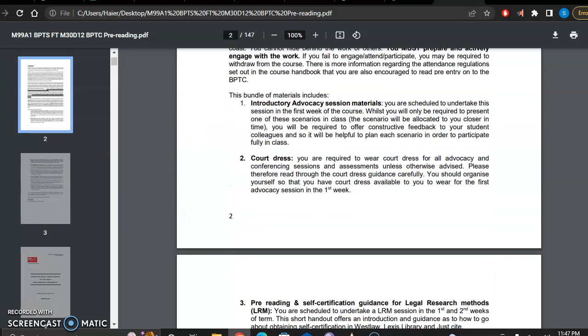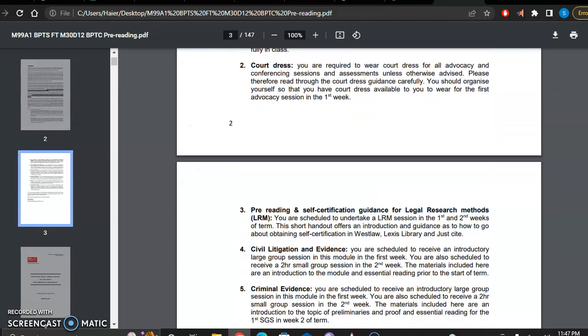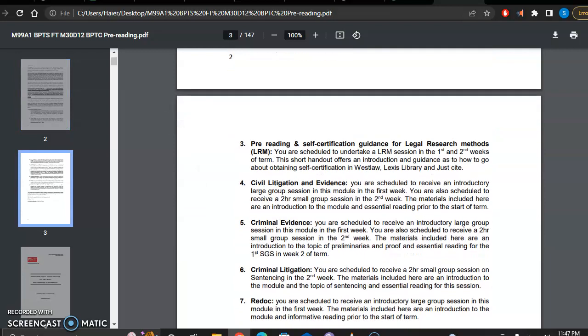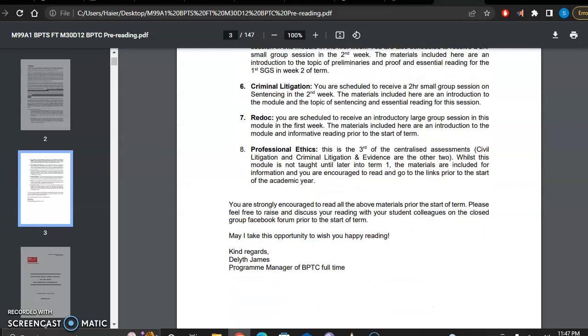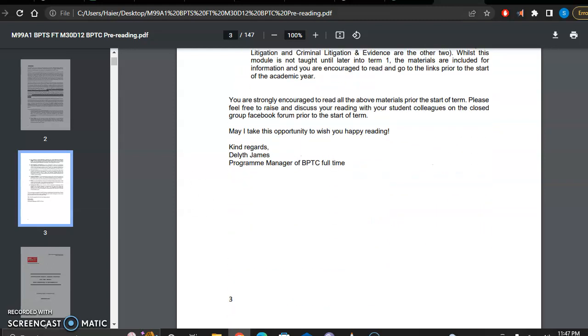So these bar pre-readings of the Bar Professional Training Course include introductory advocacy session materials, dress codes, legal research, civil litigation and evidence, criminal litigation, and professional ethics.